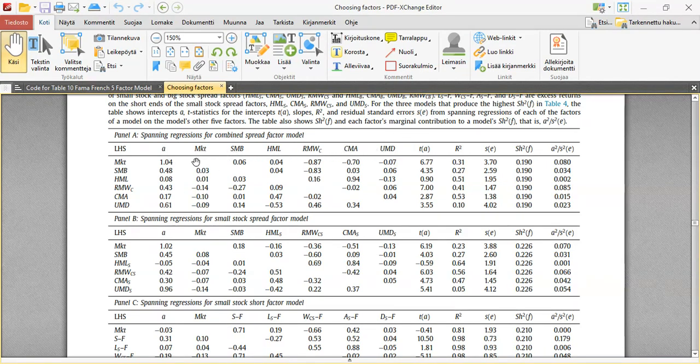Yeah. So we see that obviously this entry here is 0 because we would not regress what is on the left-hand side on the right-hand side. Okay. So we regress the market factor on what? On the size factor, on the value factor, on the profitability factor using cash profitability, on the investment factor, and on the momentum factor.